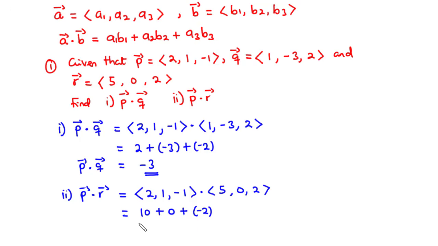And then 10 minus 2 is 8. Therefore, the dot product of vector P and vector R is 8. So basically, this is how to find the dot product of two vectors.